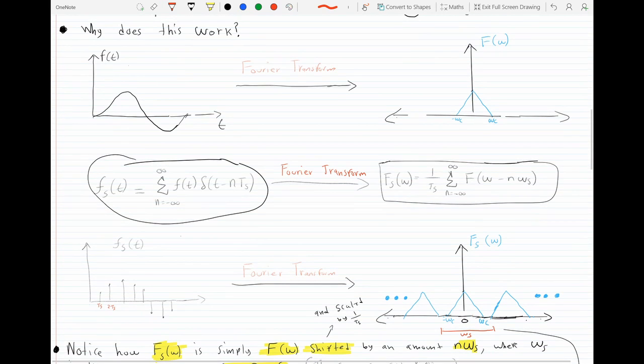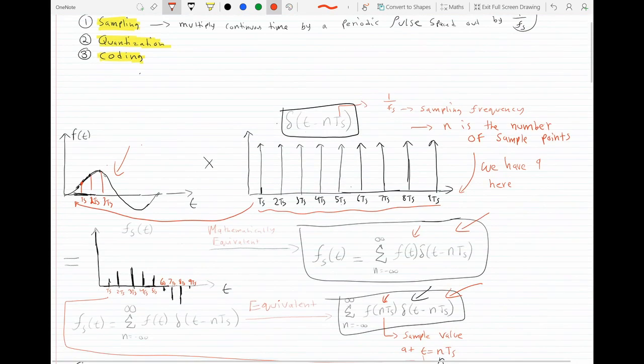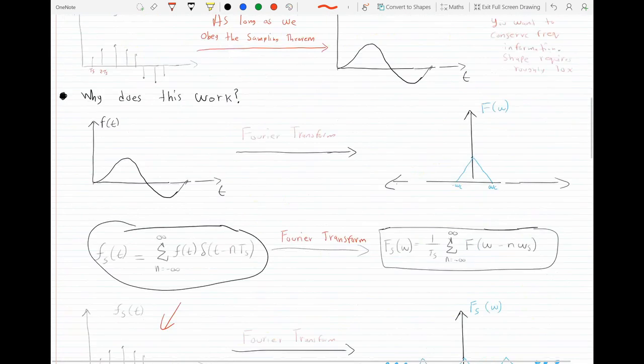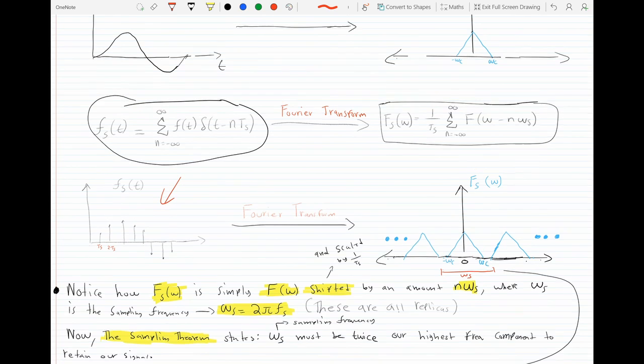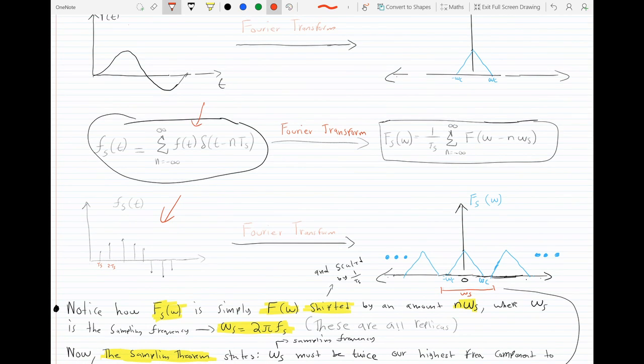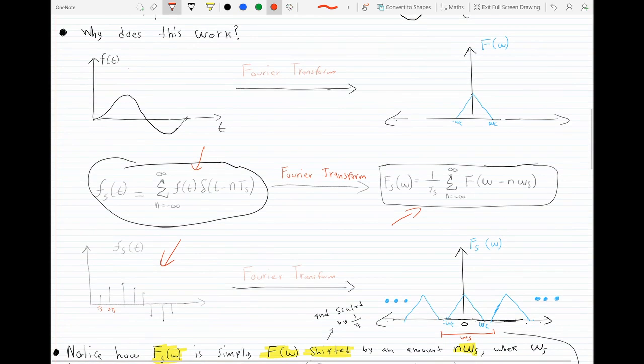However, our sampled signal, you remember we sampled this, right? This over here, if you take the Fourier transform of this, is modeled by this equation, we get an interesting result. The Fourier transform of a sampled time domain signal, in the frequency domain, is replicas of the original spectrum.